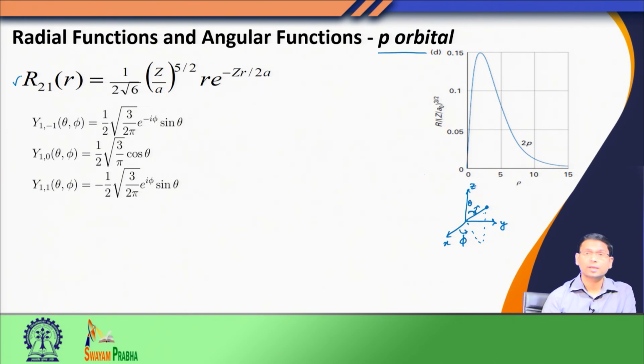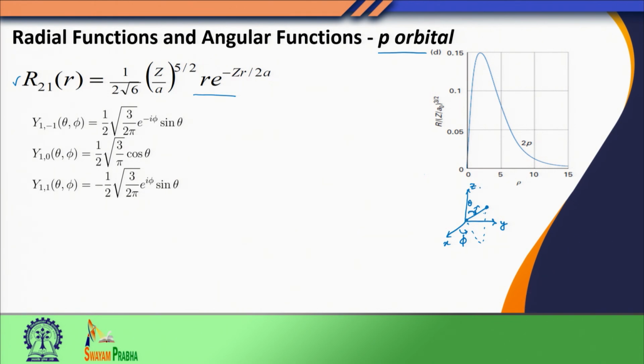I am now showing the 2p radial function over here. This is what we had discussed, and this is its functional form. So, I know how this radial function will change as I increase r from r equals 0, where the nucleus is here and the electron is moving radially.